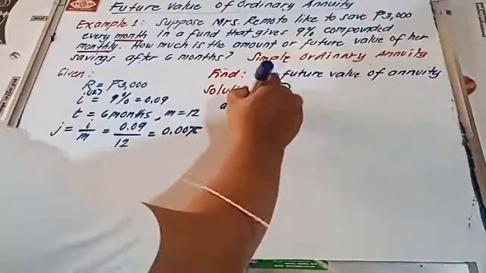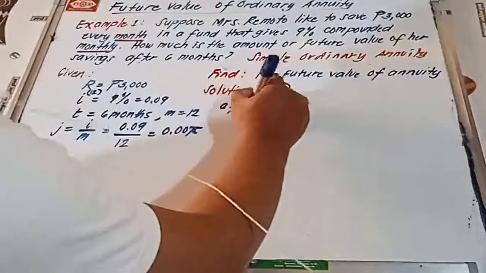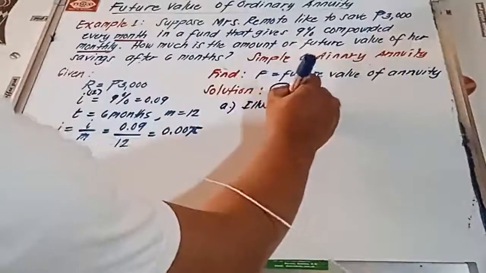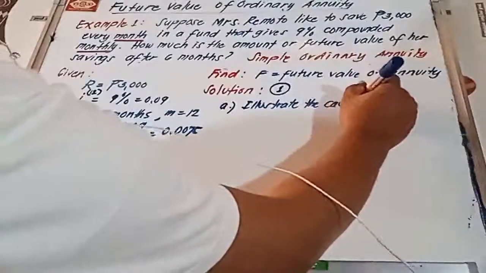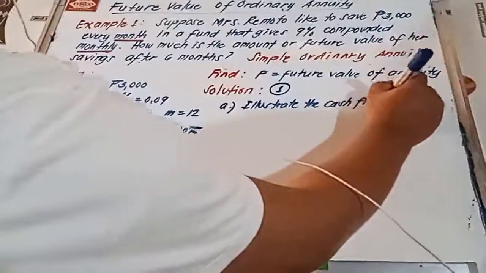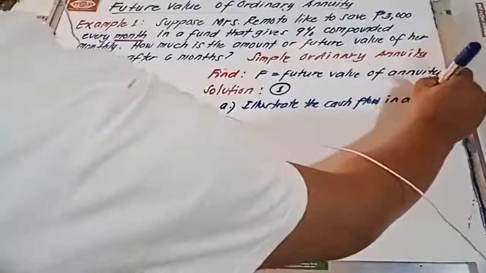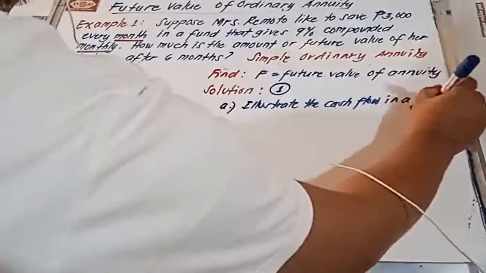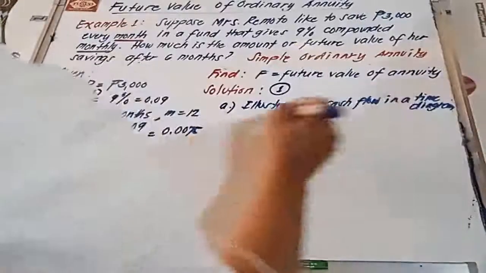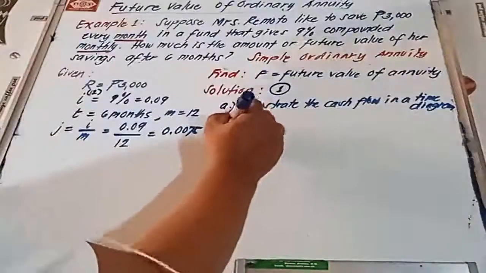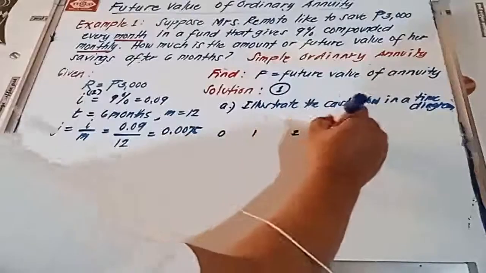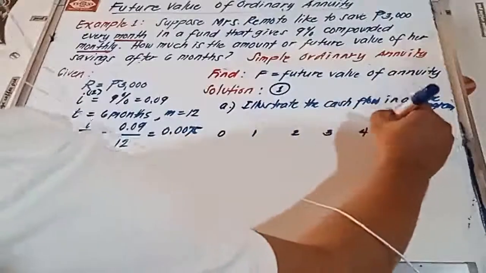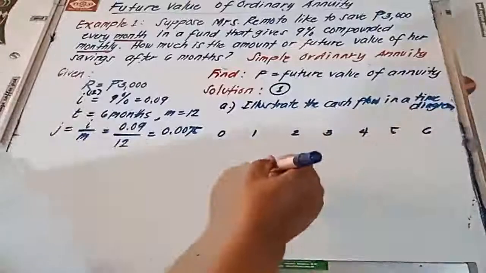First thing to do, this is solution number 1, illustrate the cash flow in a time diagram. Ano ba yun? We have here 0 month. We have this first month, second, third, fourth, fifth, and sixth.